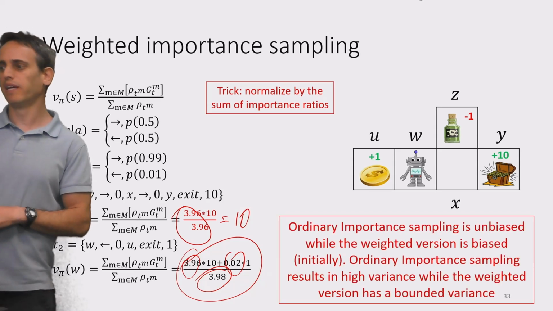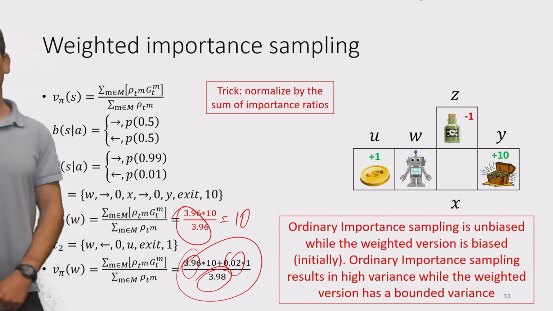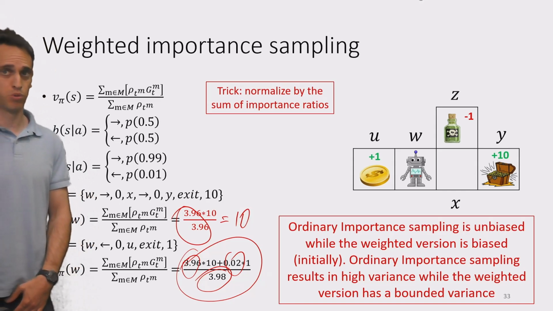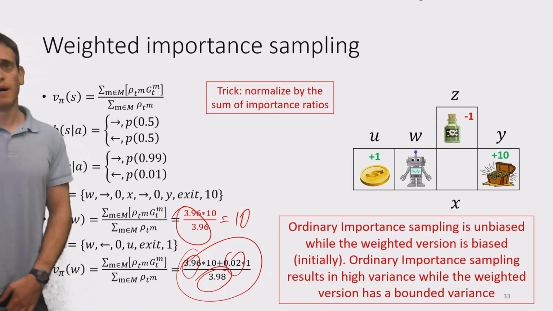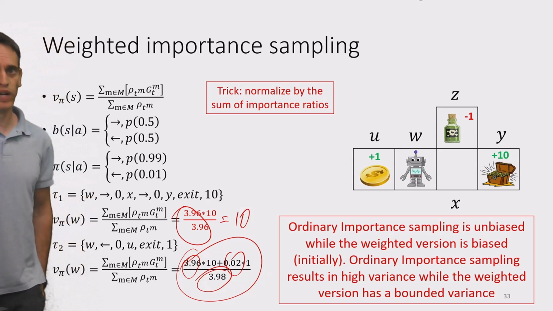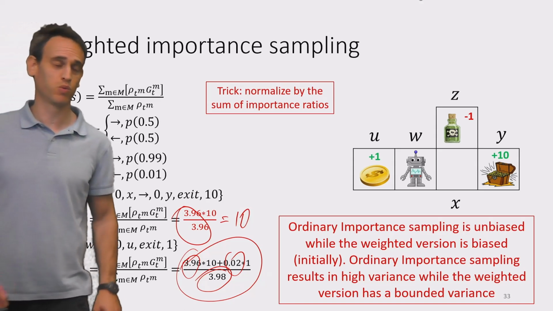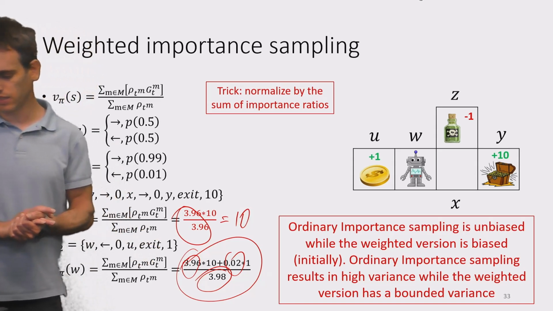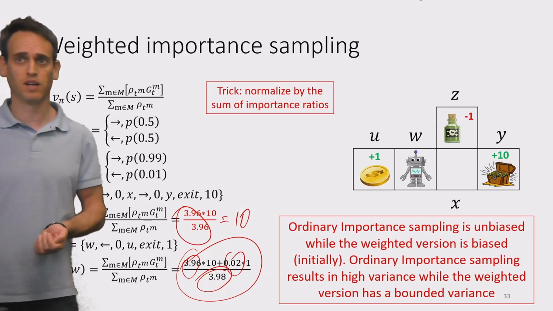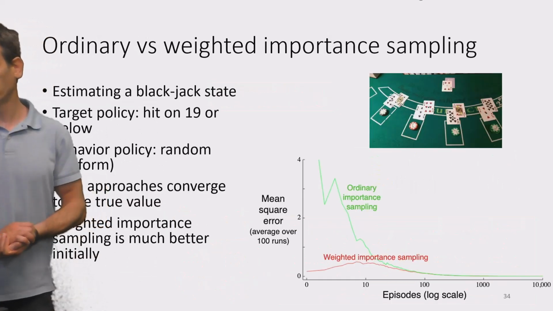Ordinary importance sampling is unbiased, while the weighted version is biased initially. However, ordinary importance sampling results in high variance, while the weighted version has a bounded variance. We won't prove that, but it has some nice assurances regarding the variance.